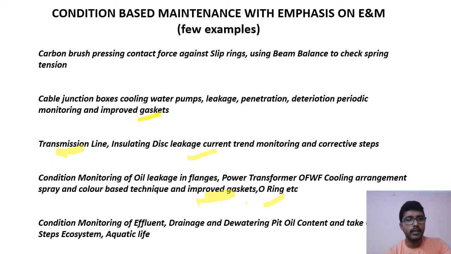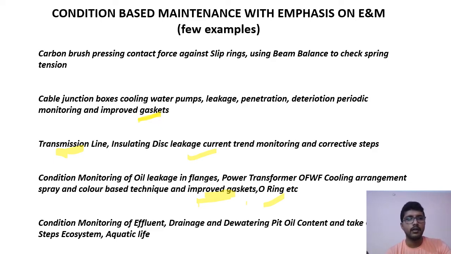And next one is for the ecosystem: condition monitoring of effluent drainage, dewatering with oil content. Oil content in the effluent or the dewatering needs to be minimum. We have ensured a separate oil separating unit to extract all oil which goes into the drainage and dewatering sump.